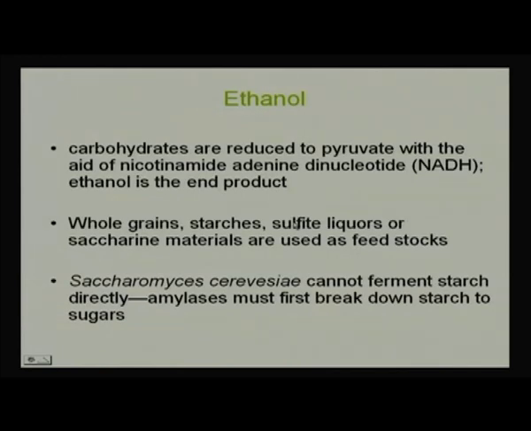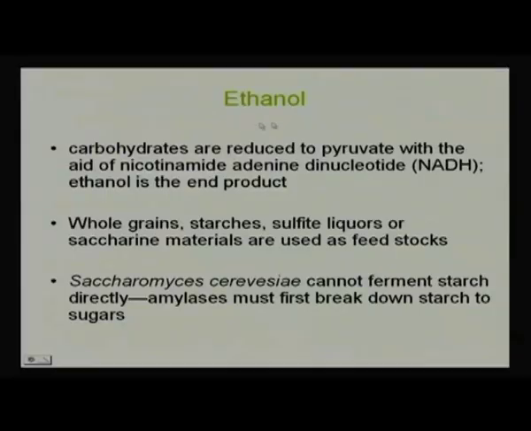Let me give you one particular example of the biologicals which are getting produced inside the microbial cell. Now, when we are talking about ethanol, I told you that ethanol is one of the biggest fermented products available in the global market.